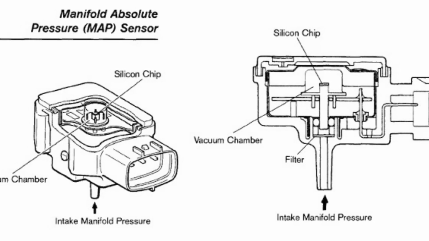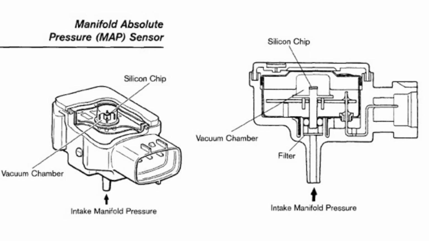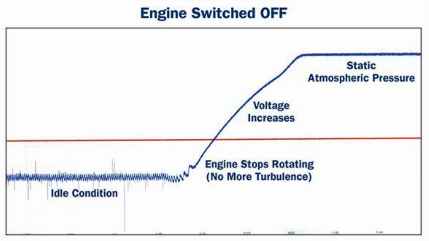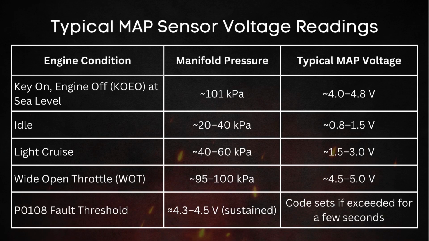The MAP sensor typically receives a 5-volt reference signal and a ground from the ECM. It then sends back a voltage signal that changes according to the pressure inside the intake manifold. As a general rule, the higher the manifold pressure, the higher the MAP sensor voltage. With the key on and the engine off, the sensor typically reads around 4 to 5 volts.